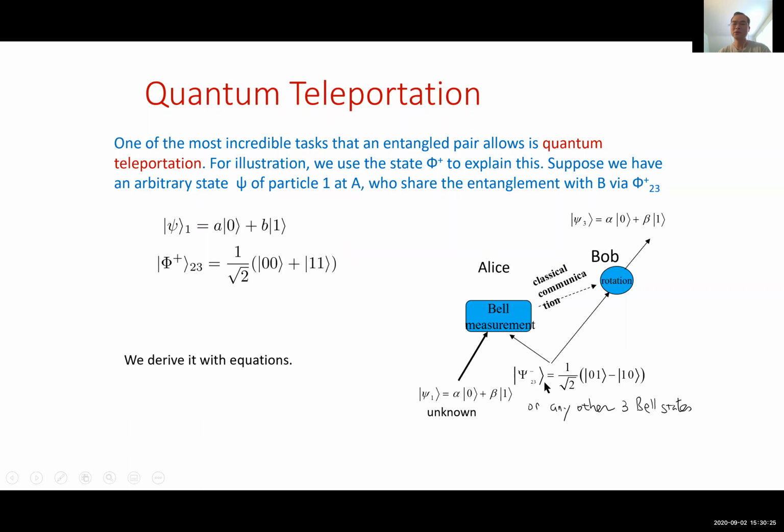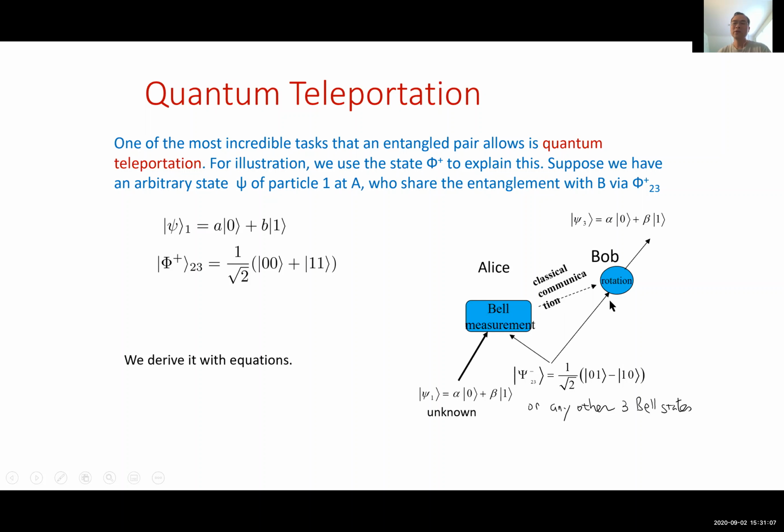So the goal of Alice is to transfer this unknown state to Bob, but to directly transfer the state may be too expensive or too lossy. It's not practical to do that. And also, because the state is not known, Alice cannot infer what alpha and beta are. If she could, she could just tell Bob what alpha and beta are, and Bob could create that state.